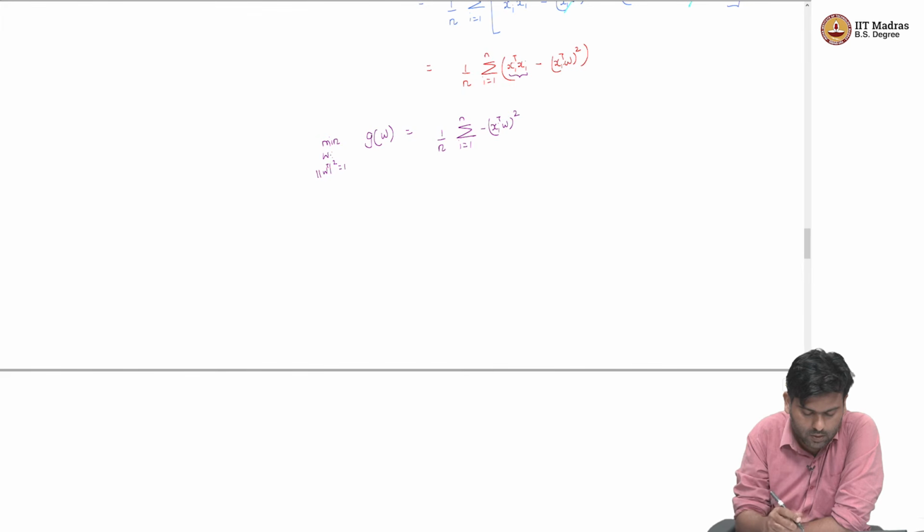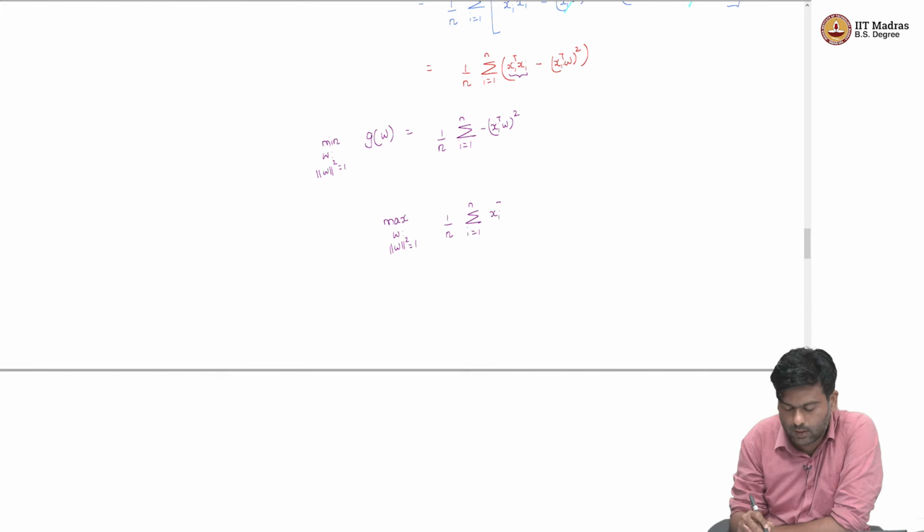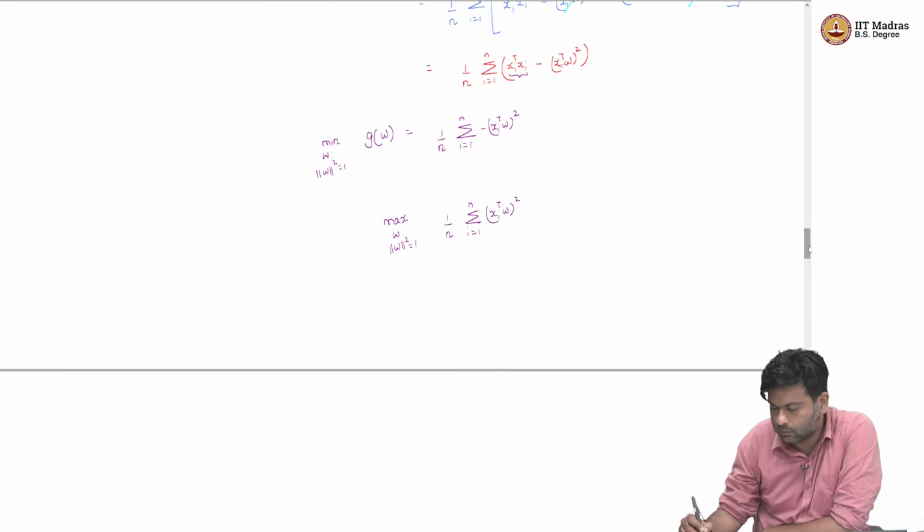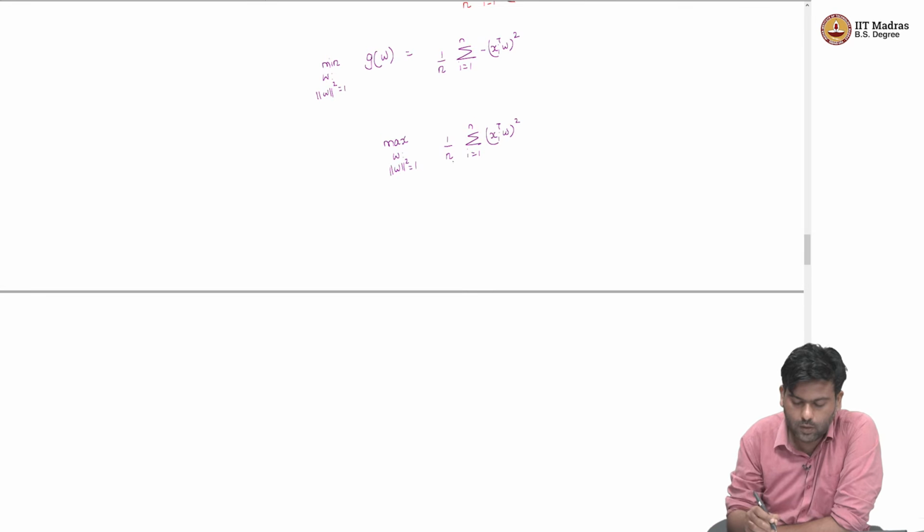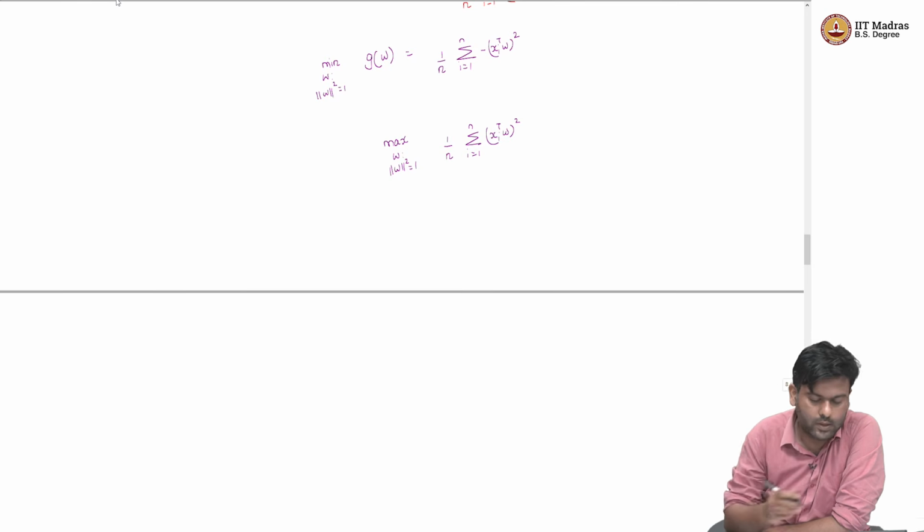That is the goal, but instead of holding on to this negative sign, we can write this as max over W such that norm of W squared is 1, of 1 by n sum over i equals 1 to n without the negative sign. I can write this as xi transpose W squared. This is still okay. We will see why we are doing this simplification.